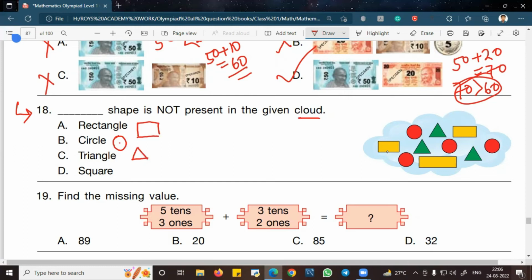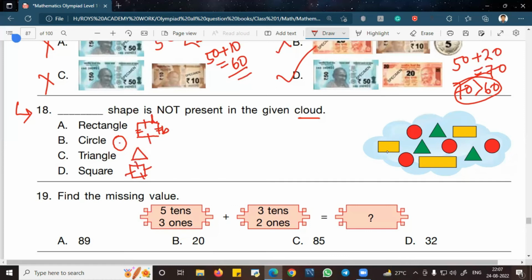A square is a figure having four sides, and all four sides are equal. It is not the same as a rectangle, because a rectangle has length and breadth. In a rectangle, opposite sides are the same: this side and this side are the same, and the other two sides are the same. But in a square, all four sides are the same.